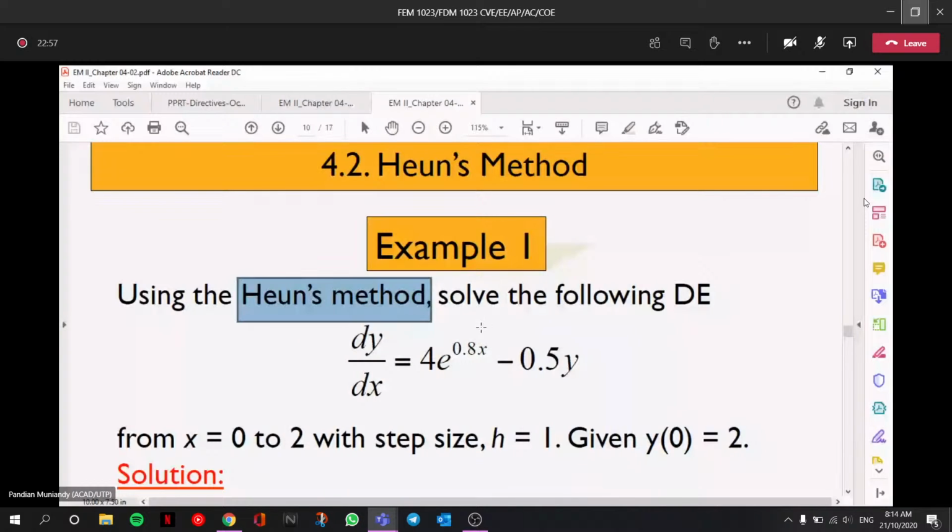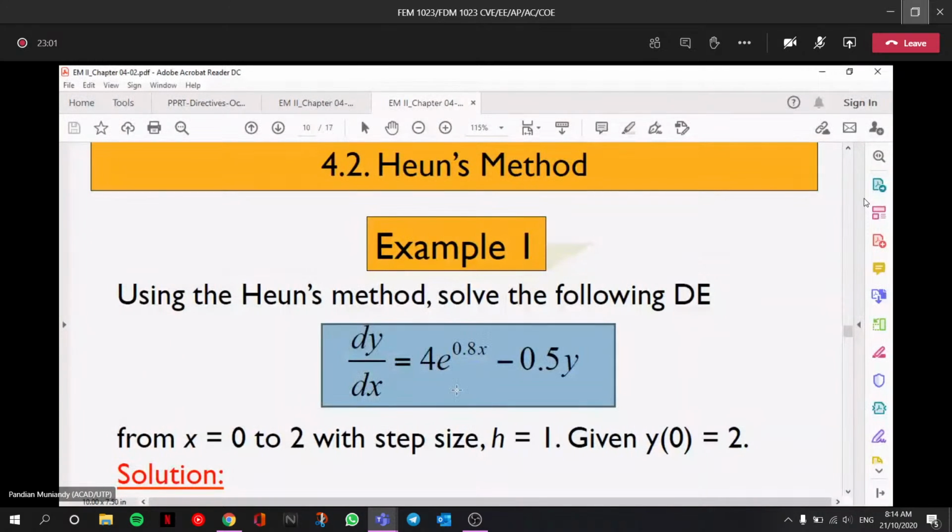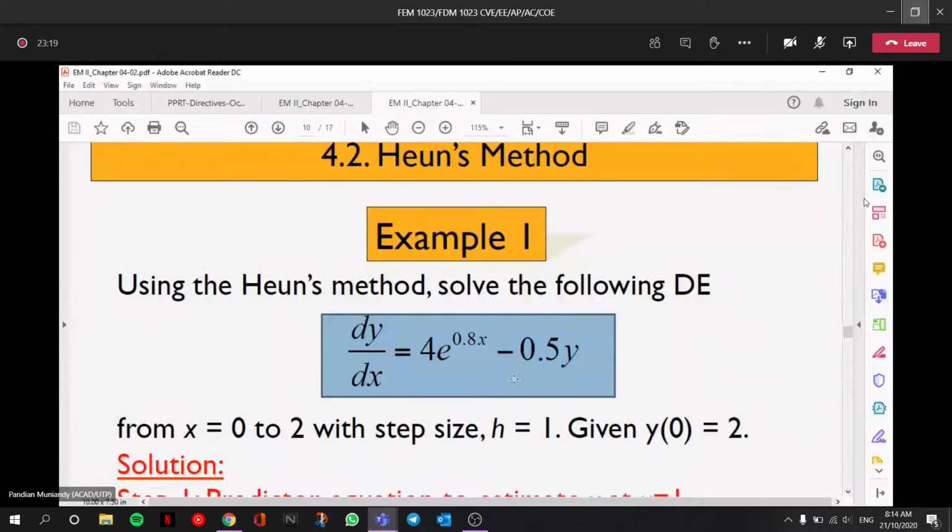Solve the following differential equation: dy/dx equals 4e^(0.8x) minus 0.5y. Now get your calculator ready. At the moment we need the calculator to calculate the values. We are doing it manually.